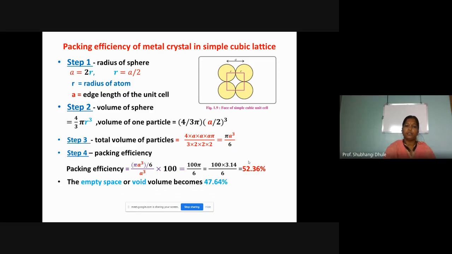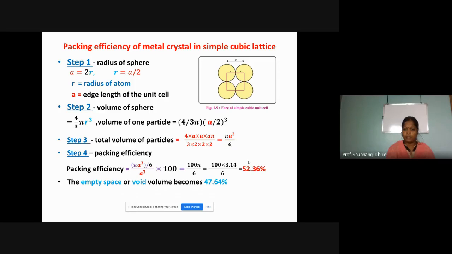So the empty space then becomes 100 minus 52.36, which is 47.64%. Understood this? So the void or gap is the volume of the unit cell which remains empty, which does not contain a sphere, the empty space.